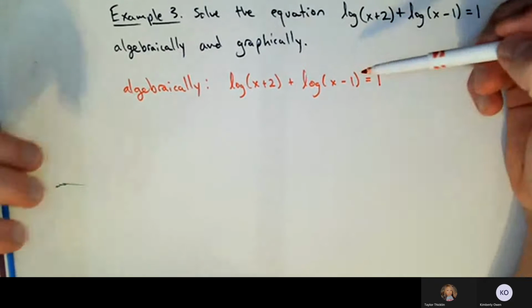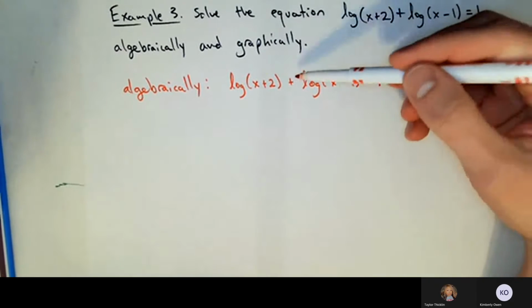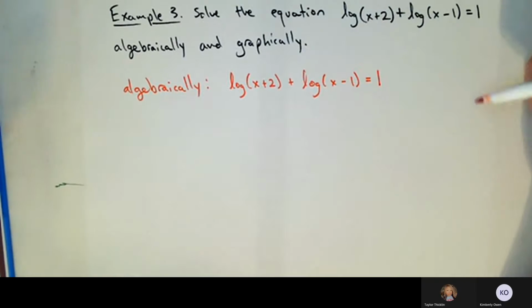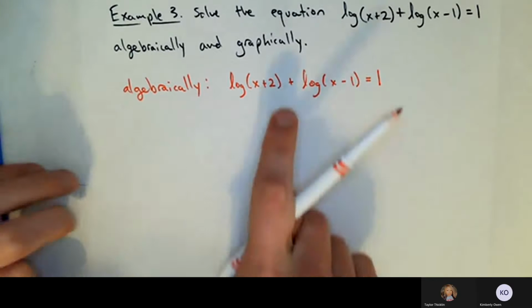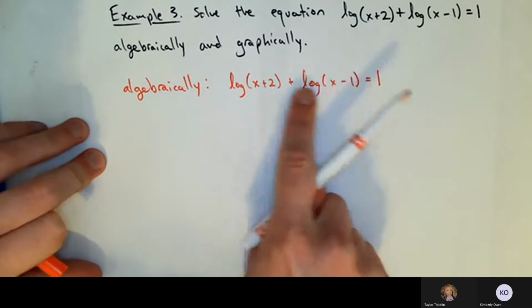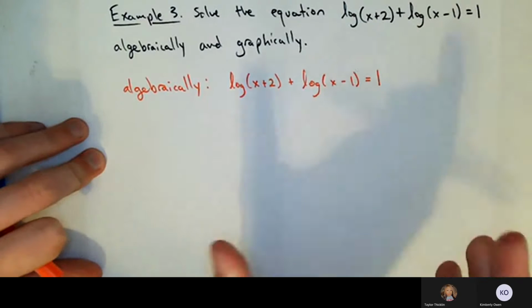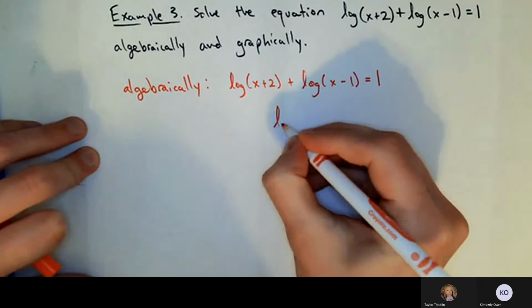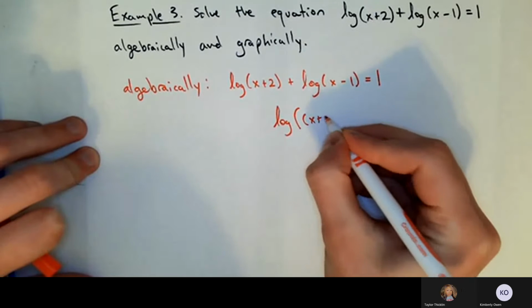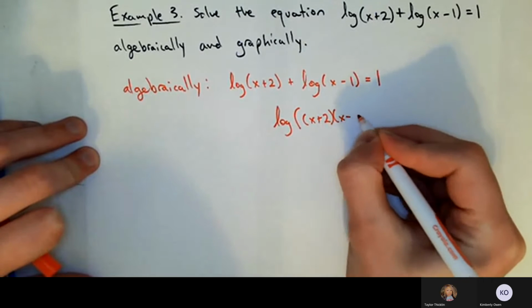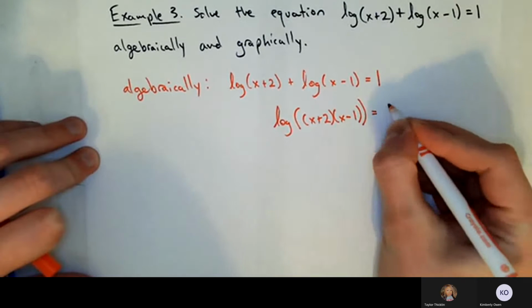So when you've got two or more logs separated by addition or subtraction, what you've got to do is compact them into one log. And we have a law for this that says if you've got the sum outside, two logs, the sum outside, that's the same as having the product of their inputs inside. So in other words, multiplying x plus 2 times x minus 1 inside.